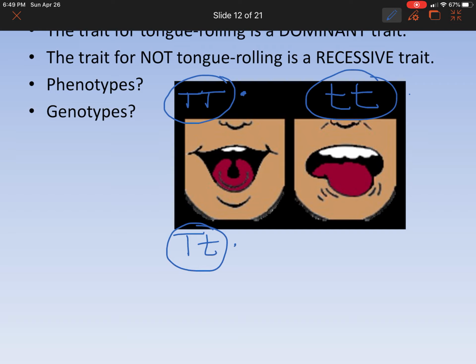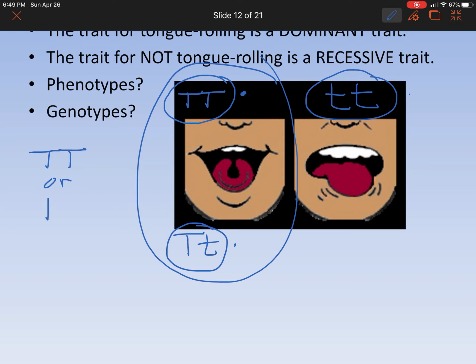Now, going back here then, the genotypes for tongue rollers, these are my tongue rollers, could be TT or Tt. Over here, the genotype for the non-tongue roller has to be lowercase t, lowercase t, okay? So genotypes for tongue rollers can be one of those two.